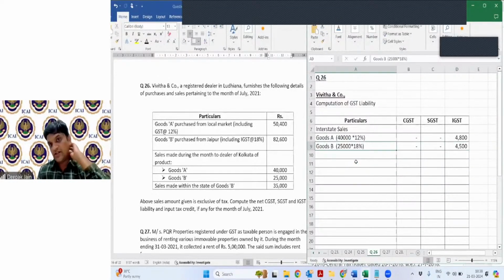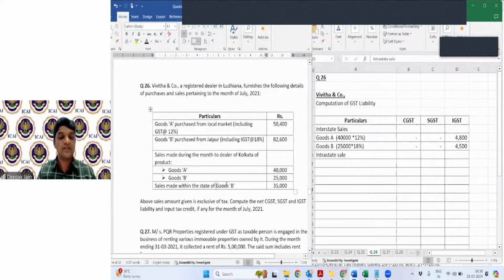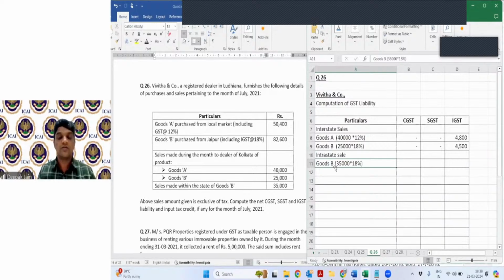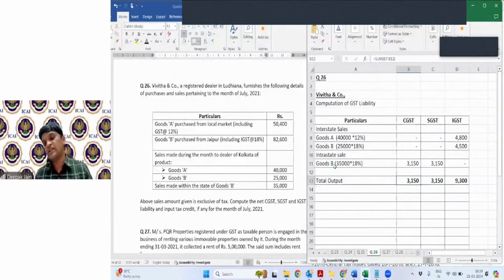Then intrastate sales: sales made within the state of goods B at 18%, 35,000 into 18%, 9% CGST and 9% SGST. Total output is 3,150 CGST, 3,150 SGST, and 9,300 of IGST.